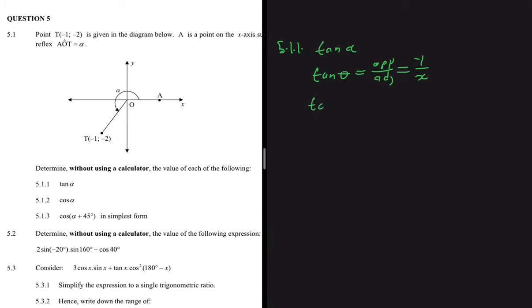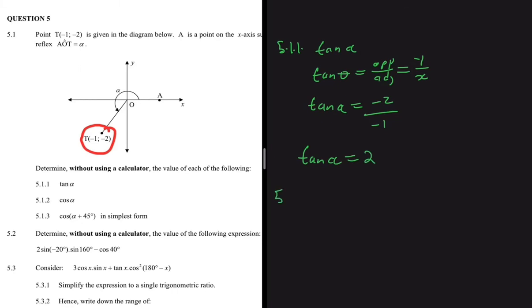So tan of alpha will become the y of our coordinate of interest T here, which is minus 2, divided by x, which is minus 1. So tan of alpha is basically just equal to 2.